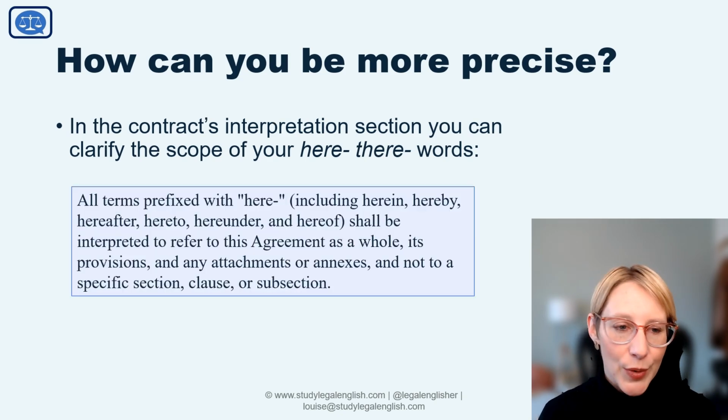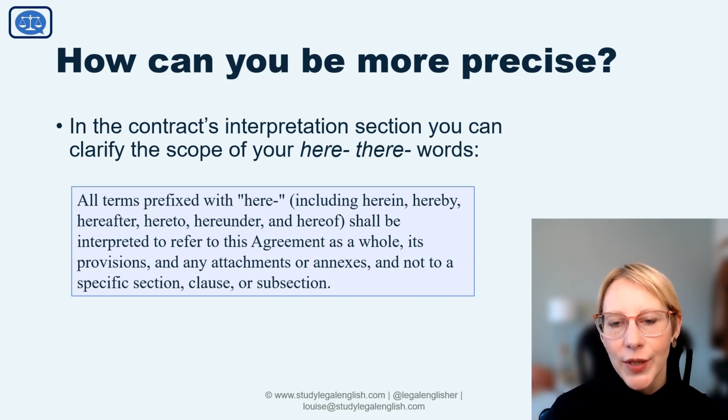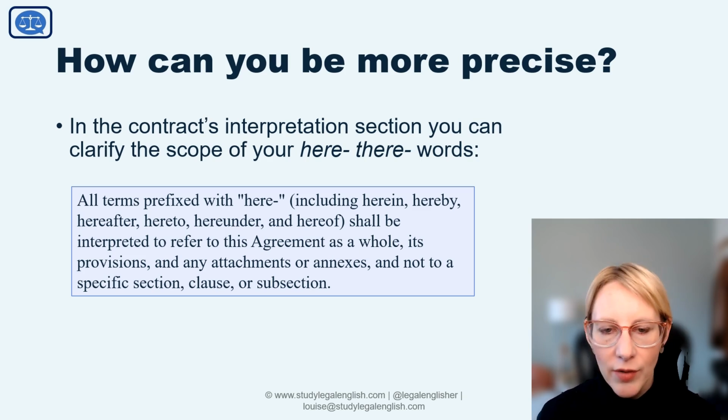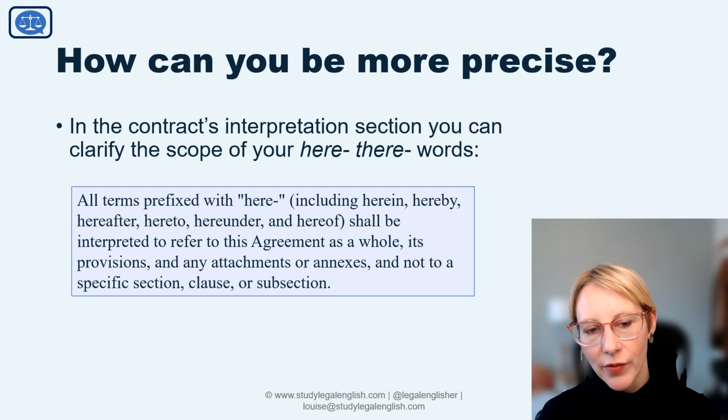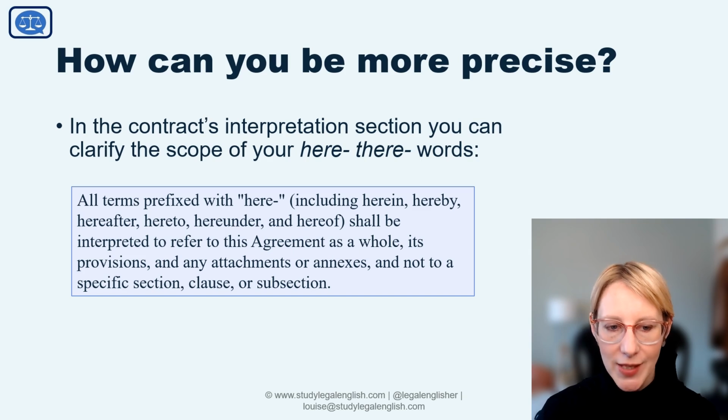For example, all terms prefixed with here, including herein, hereby, hereafter, hereto, hereunder, and hereof, shall be interpreted to refer to this agreement as a whole, its provisions and any attachments or annexes, and not to a specific section, clause, or subsection.